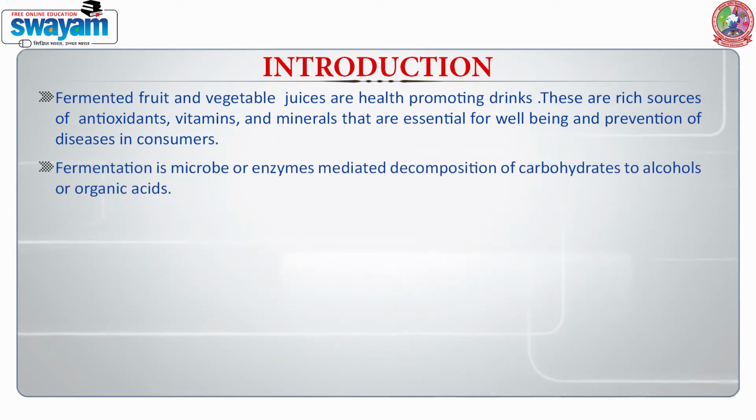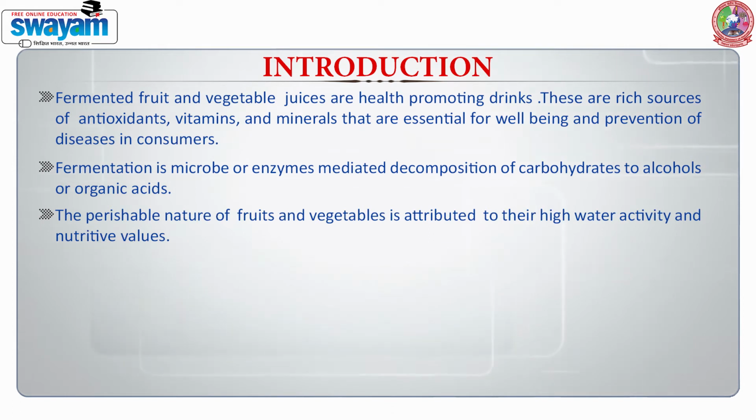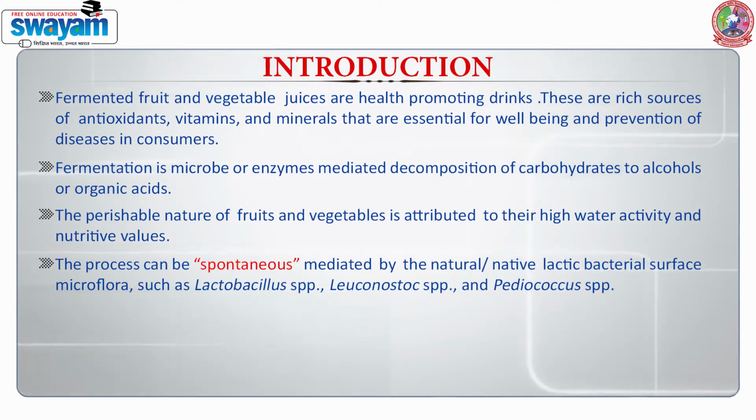Fermentation, as you know, is a microbe or enzyme mediated decomposition of carbohydrates to alcohol or organic acid. The perishable nature of fruits and vegetables is attributed to their high water activity and nutritive values. The process can be spontaneous, mediated by the natural or native lactic acid bacterial species which are present on the surfaces of fruits and vegetables such as Lactobacillus species, Leuconostoc species, Pediococcus species, and these are all lactic acid bacteria.